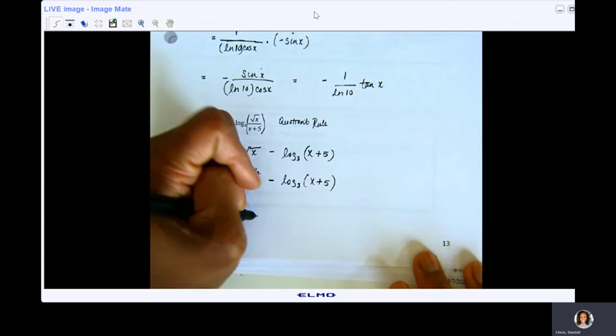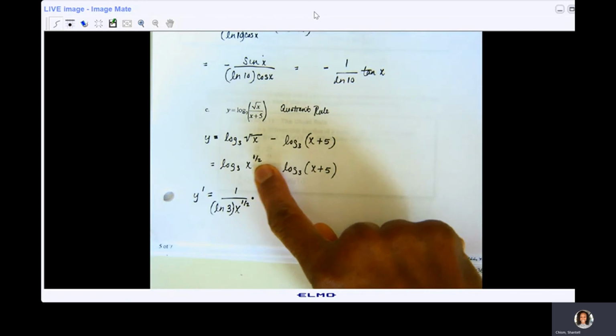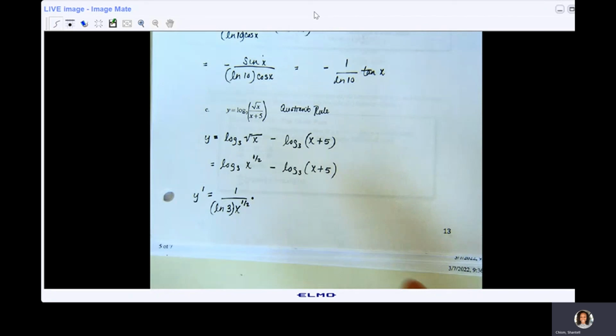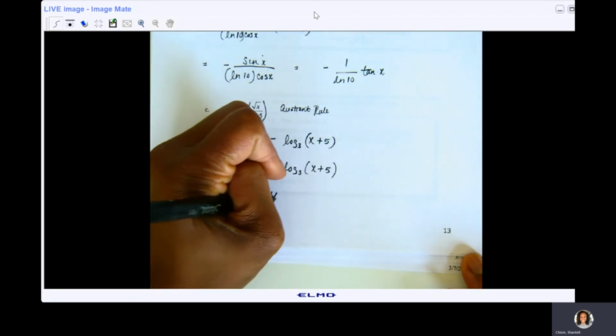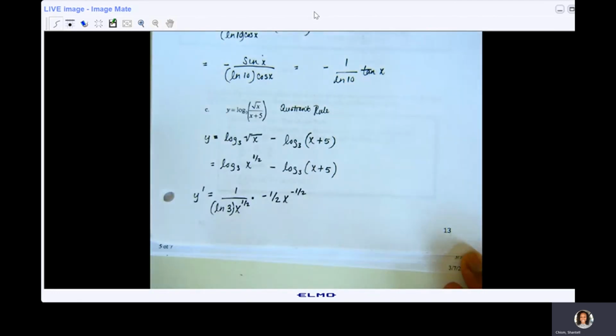Then I say times the derivative of the inside. The inside is the x to the 1/2 power. So I bring down that exponent and I lower it by 1. So I would get a negative 1/2 there. And I know that looks yucky.